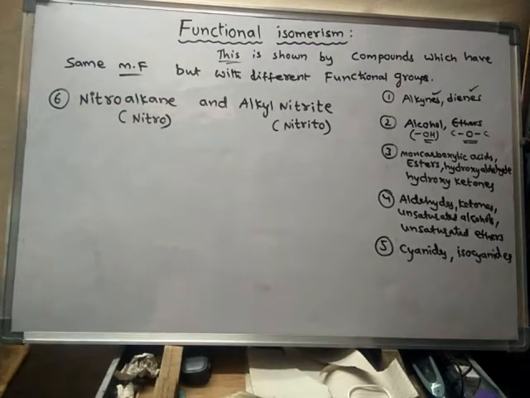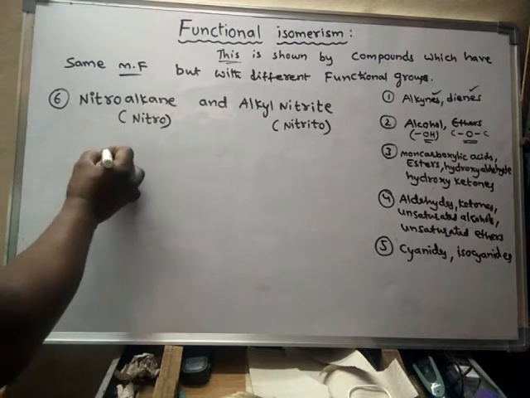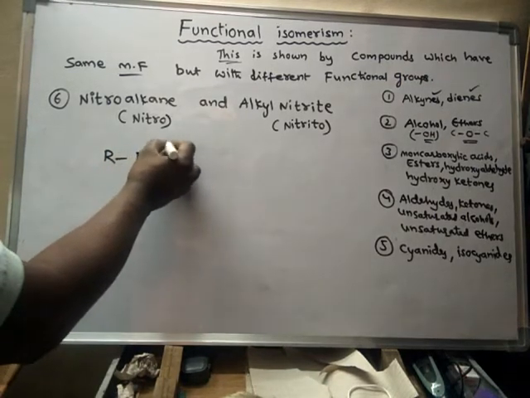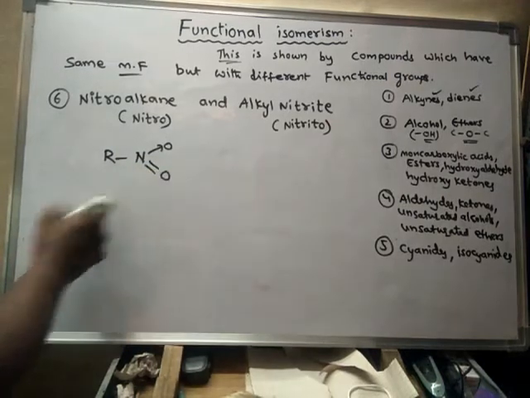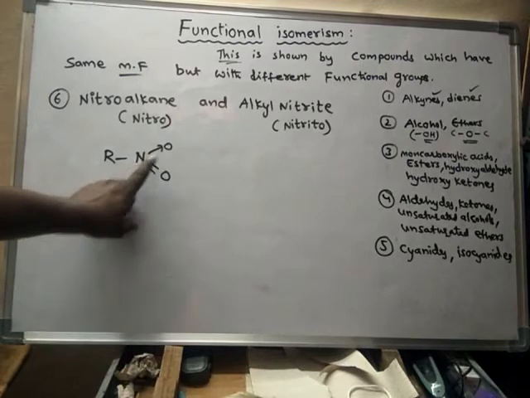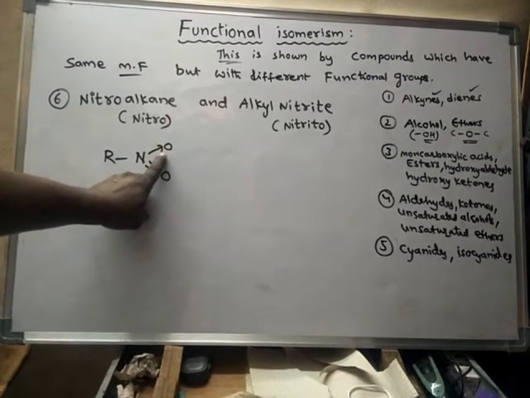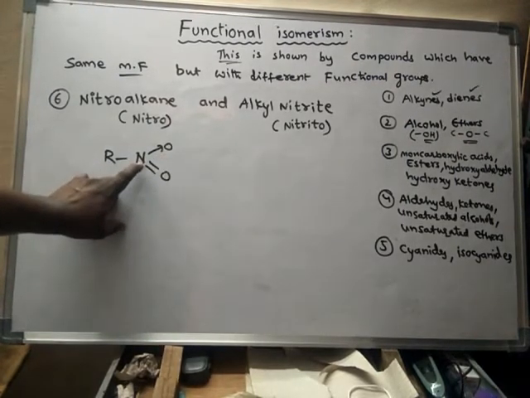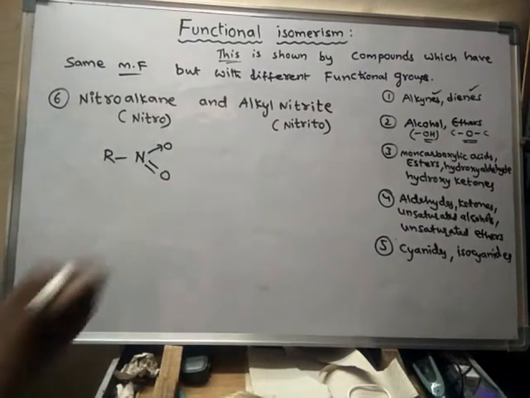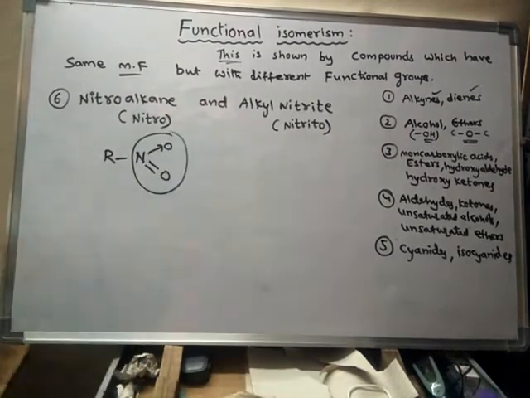Nitroalkane generally means it will be like this. This is the nitro group. Between nitrogen and this oxygen there is a coordinate covalent bond, and between the same nitrogen and the other oxygen there is a double bond. So this group is said to be the nitro group.